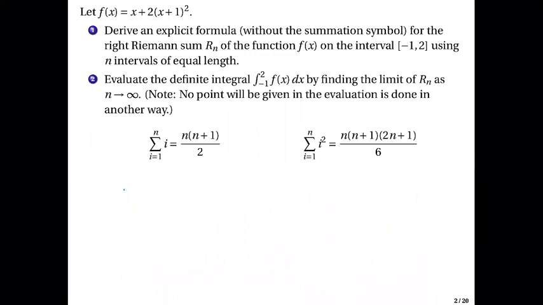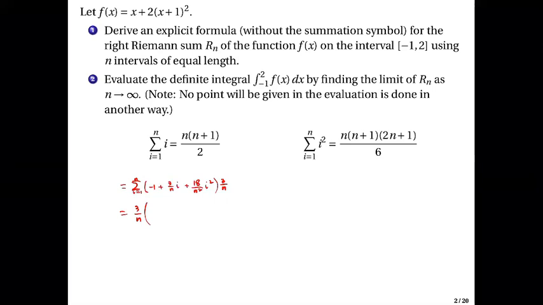So we have somewhere here, we have this, okay? And this 3 over n, you look at this, this 3 over n is free of i. So we can just bring it out.